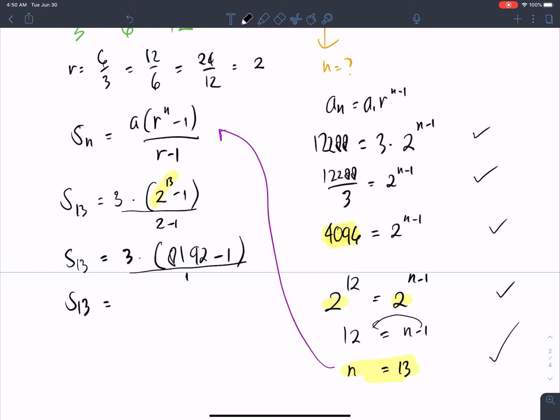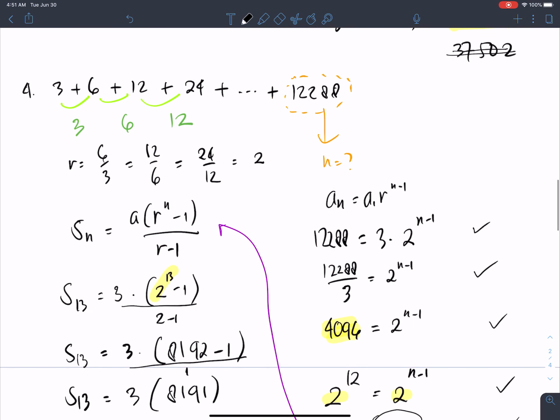So now 8192 minus 1, we get 8191. So if we multiply this, let me use my calculator. We have 24573.